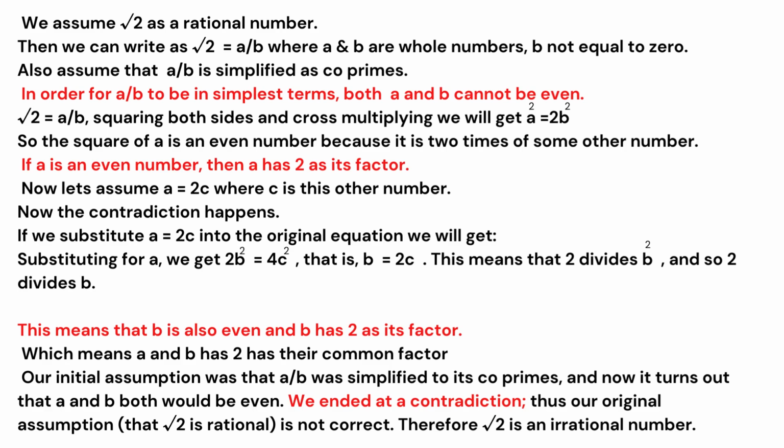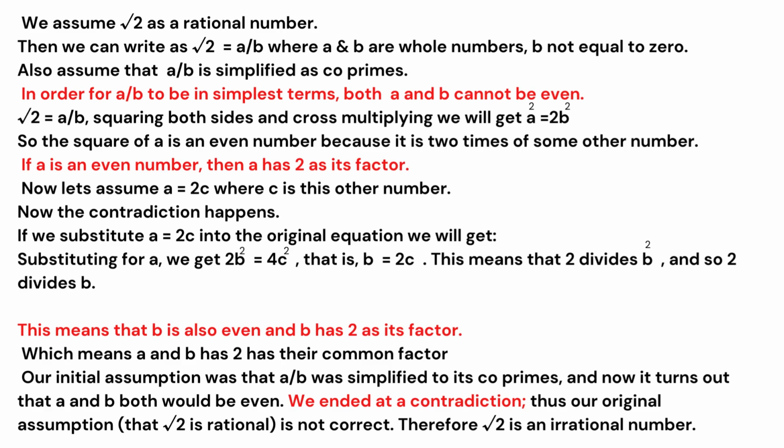In order for a and b to be in the simplest terms, both a and b cannot be even. We all know if a and b are even numbers, we can again simplify that too by dividing by 2. So for a by b to be in the simplest form, both of them cannot be even. Either a or b can be even, but both cannot be even. So square root of 2 is equal to a by b.